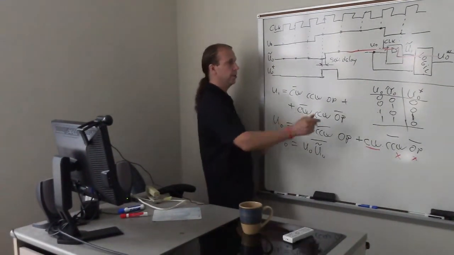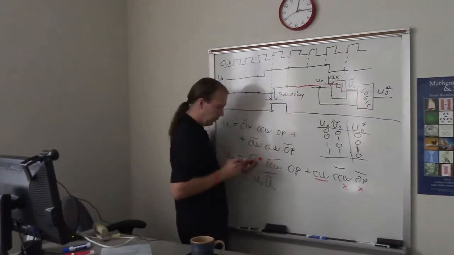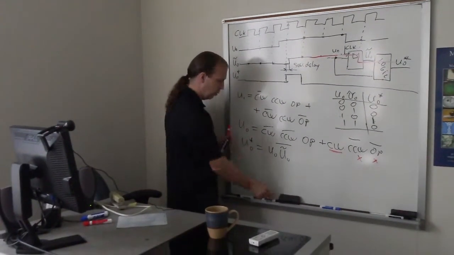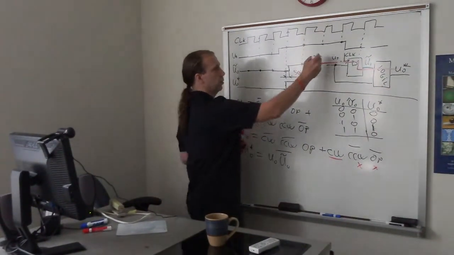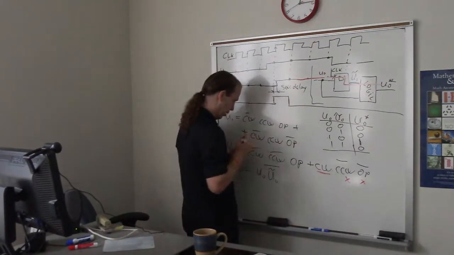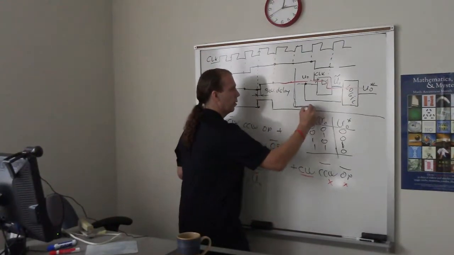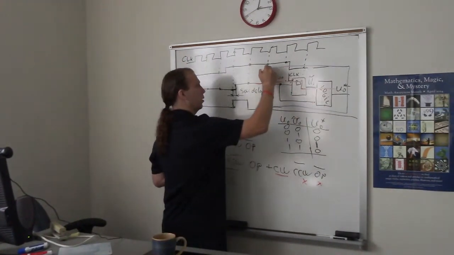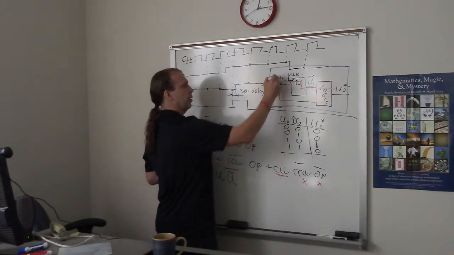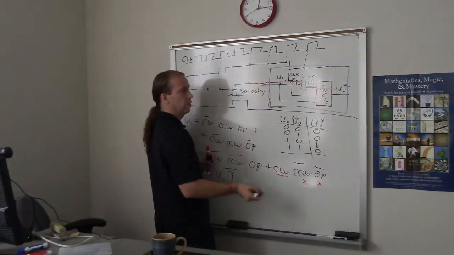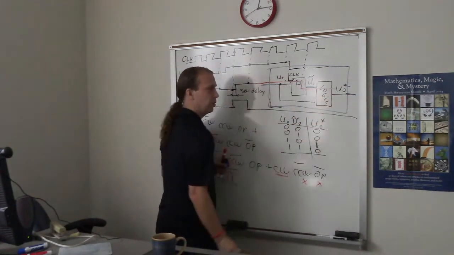So in other words, we want to keep this block, I want it to be blue, which is fed with U0 and generates U0 star.